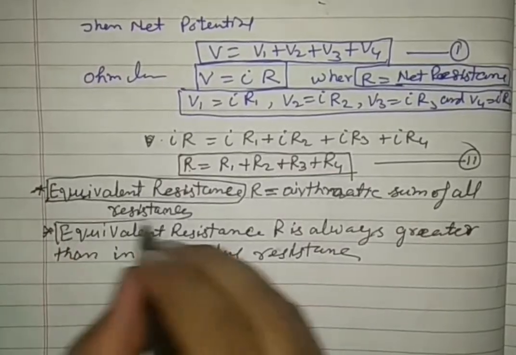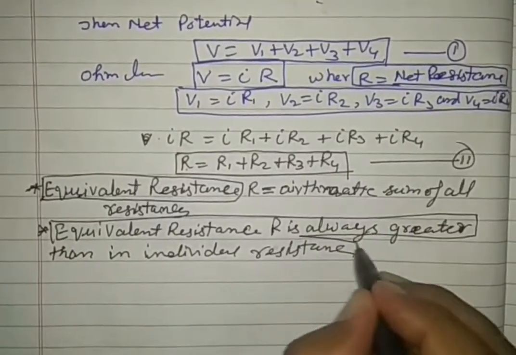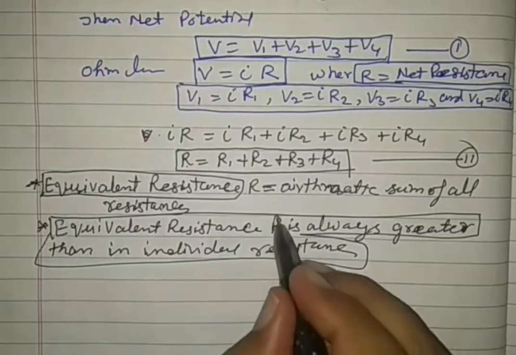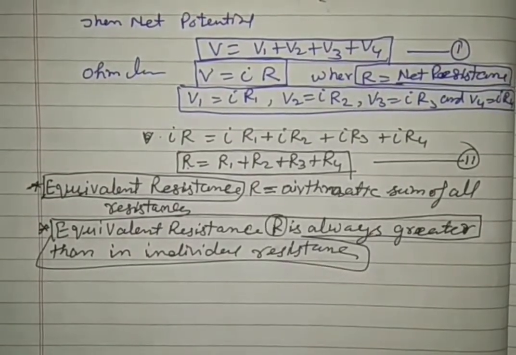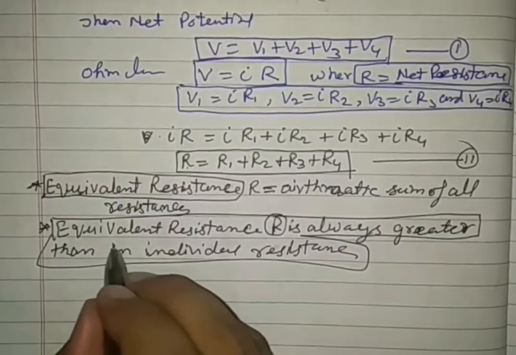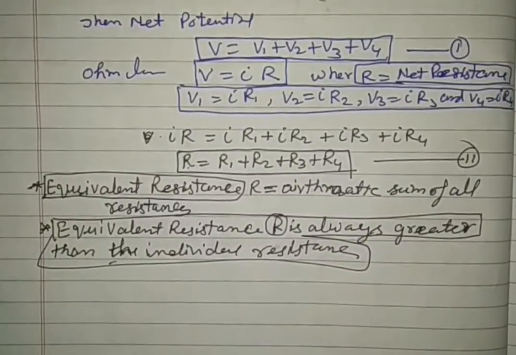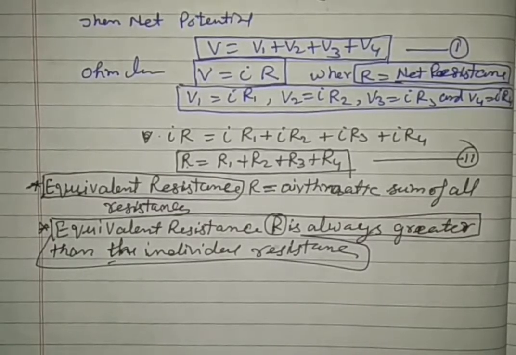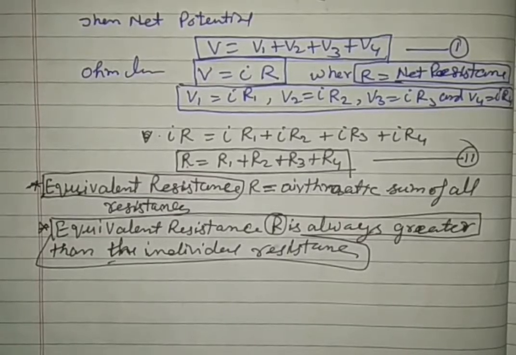This is also an important point here. This equivalent resistance R, see in the box, is always greater than the individual resistances R1, R2, R3, R4, by any value, because the total is the mathematical sum of all of them.